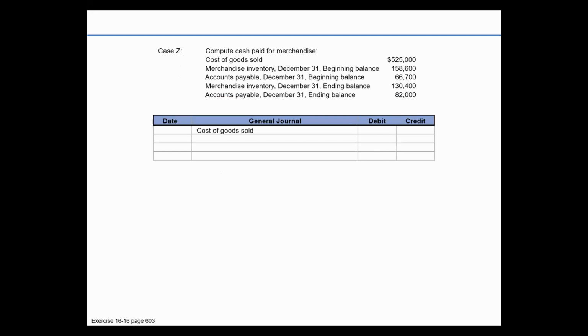So you have cost of goods sold of $525,000. Merchandise inventory, which is what is left, and again, the difference of what is left for each year is $28,200. Accounts payable in the amount of $15,300. Cash, the amount of $481,500. So that's what you try to figure out, how much cash you actually paid for your merchandise.